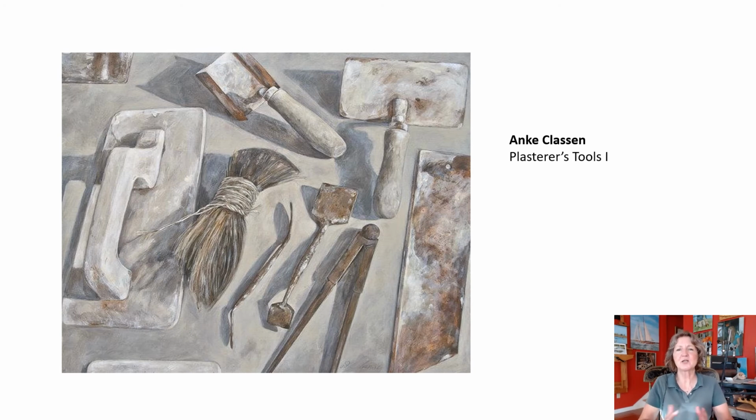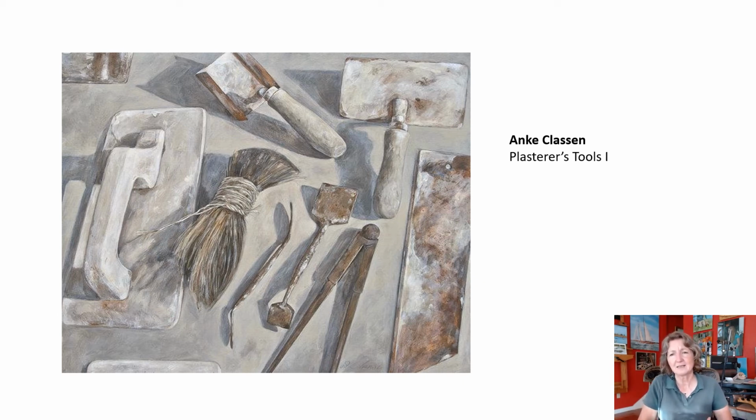And likewise, Anke Claassen has painted a number of paintings of different types of tools. She's got a completely different color palette, doesn't she? Much lighter, much more crisp, and a really interesting sense of design, not trying to make a scene per se, but using the actual shapes of the objects and sort of the monochrome uniformity of all of these plasterers' tools and the shadows that are created in order to have just a really beautiful layout.